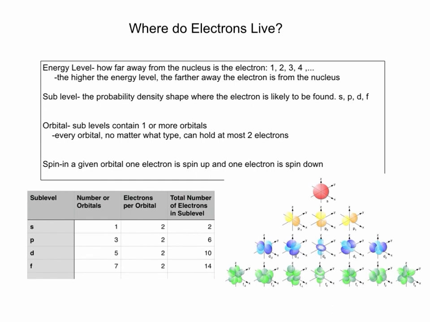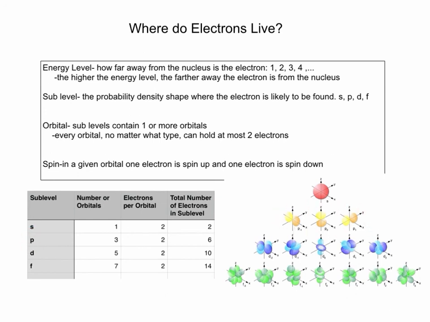If we now look at our sublevels in a little more detail, we can see that our S sublevel, as shown in the picture, only has 1 orbital. The number of electrons that can fit in that orbital is 2, so the total number of electrons in that sublevel is 2. In the P sublevel, we have 3 orbitals.